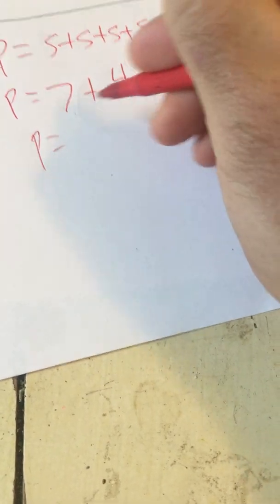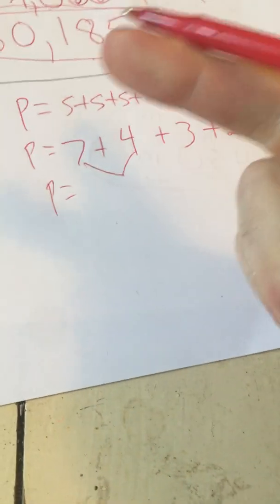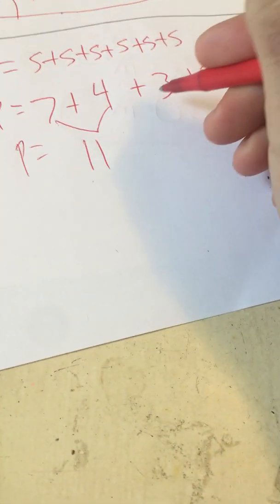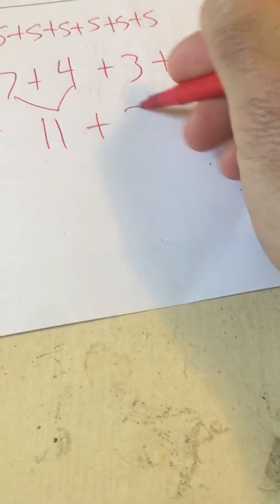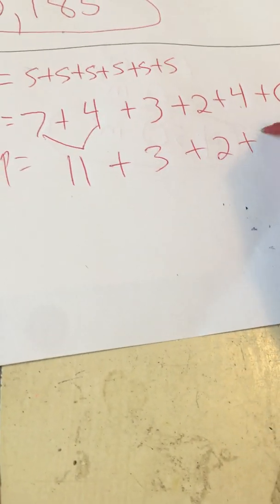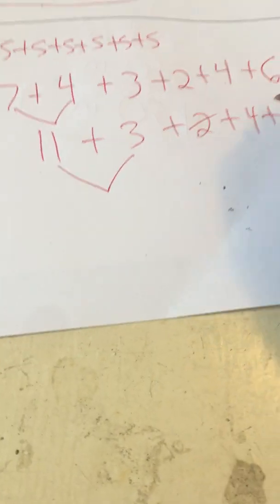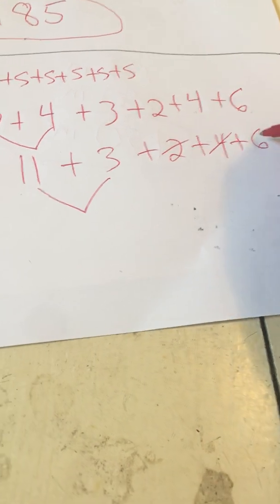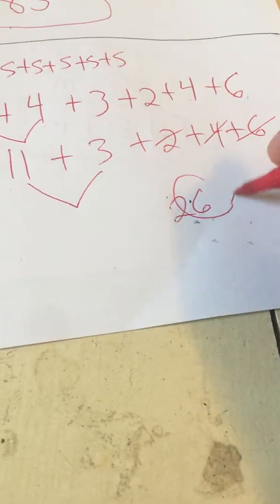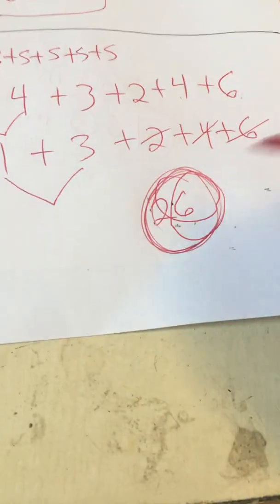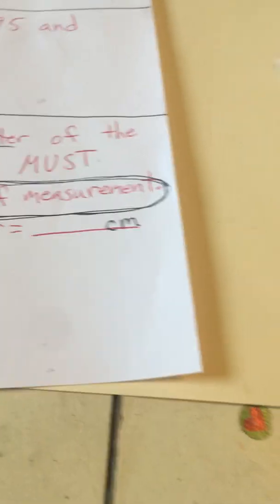So the perimeter is 7 plus 4 makes 11. 11 plus 3 plus 2 plus 4 plus 6. 5 more. So 11 plus 3 is 14. Plus 2 is 16. Plus 4 is 20. Plus 6 is 26. So our perimeter is 26 centimeters.